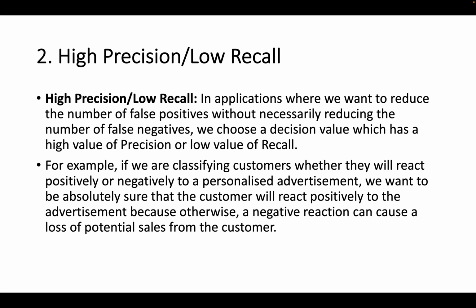We choose a decision value which has a high value of precision or a low value of recall. For example, if you are classifying customers on whether they will react positively or negatively to a personalized advertisement, we want to be absolutely sure that the customer will react positively to the advertisement, because otherwise a negative reaction can cause a loss of potential sales for the customer. This is where we use high precision, because we cannot afford false positives in this case.